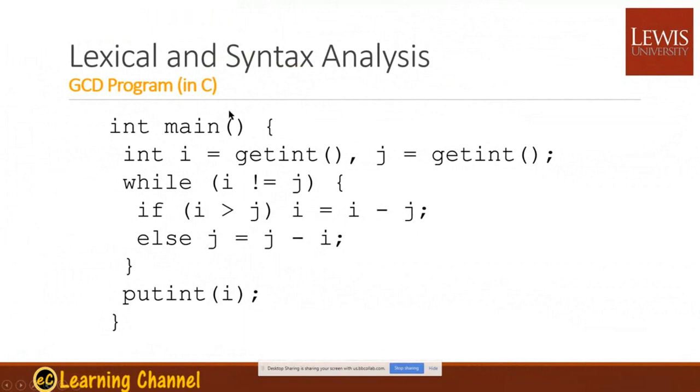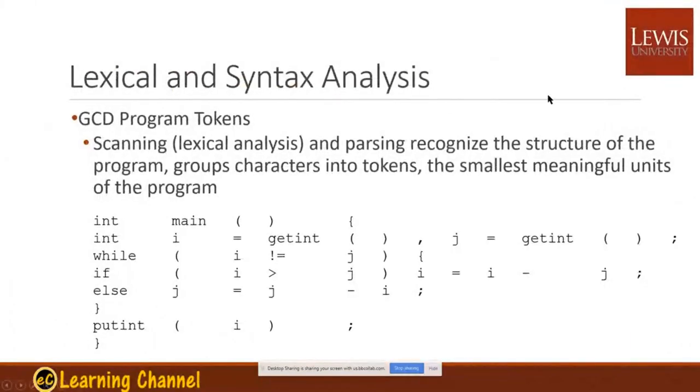And here is a C program for GCD. We mentioned this before. That is a source program. We will take it in as tokens, and a token is the smallest program unit. It would go into tokenizing, and each one of them is called a token.